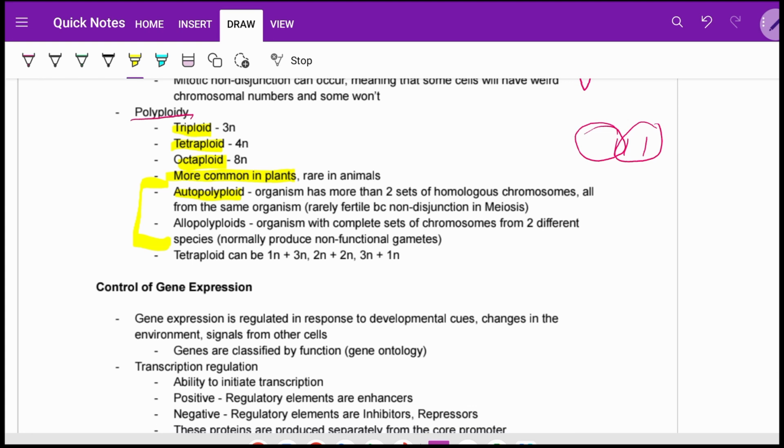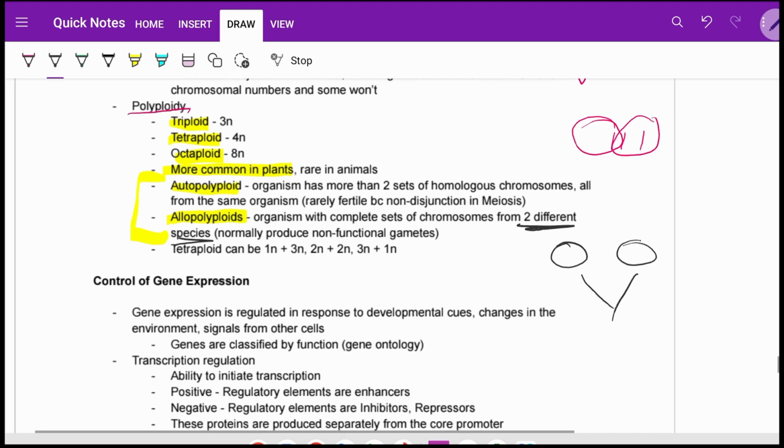We also have allopolyploids, which is an organism with complete sets of chromosomes from two different species. So this would actually be more applicable to hybrid animals, but basically, say a lion and a tiger make a liger, then this organism now has sets of chromosomes from both a lion and a tiger.